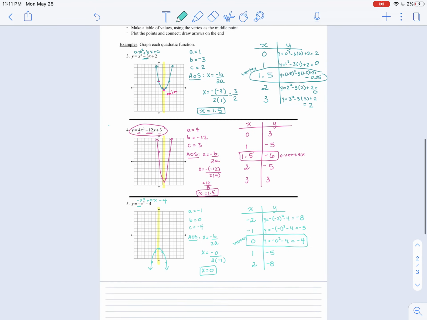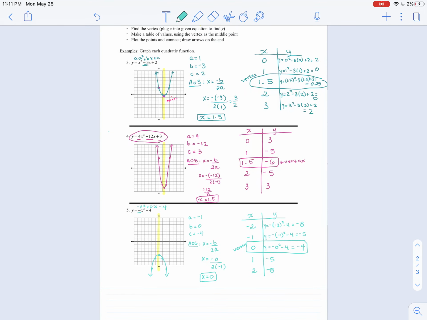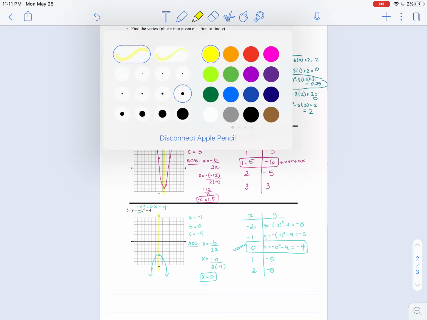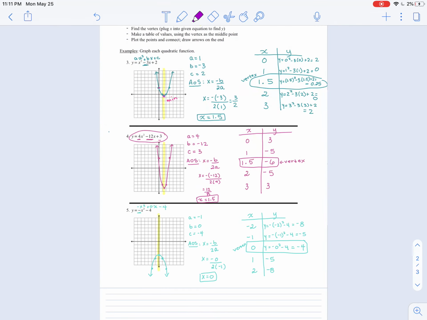And just one thing that I want to point out, when you take a look at the 3 problems that we just did on the back here, notice that this last graph is the only one that opens down like a frown. I can tell how the graph is going to open based upon the value of A. If A is a positive number, positive numbers are happy.